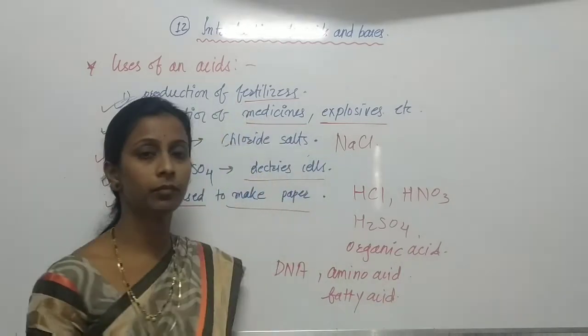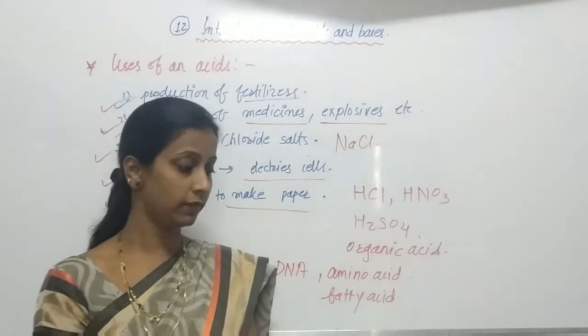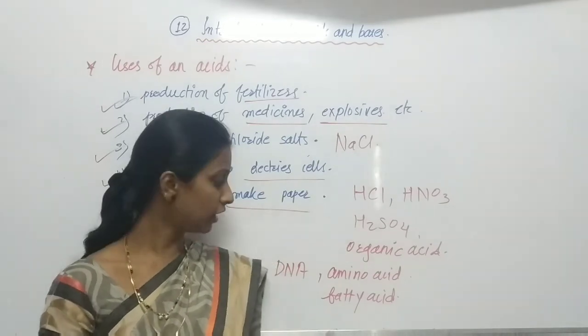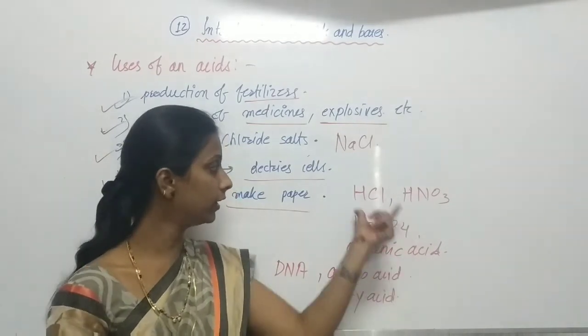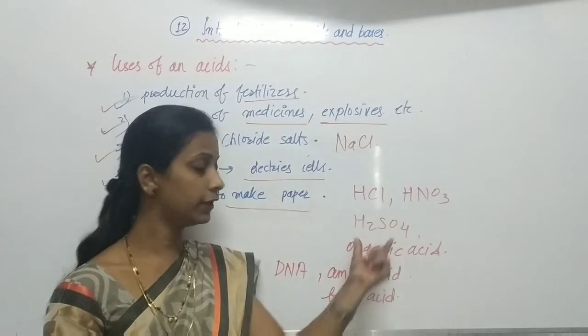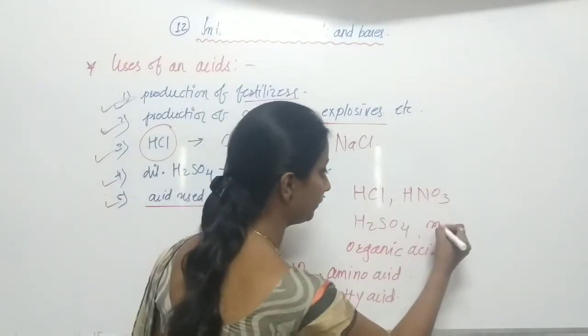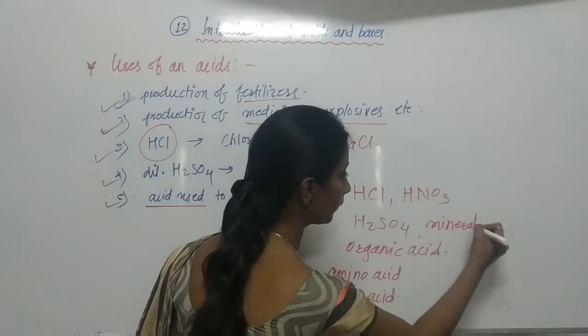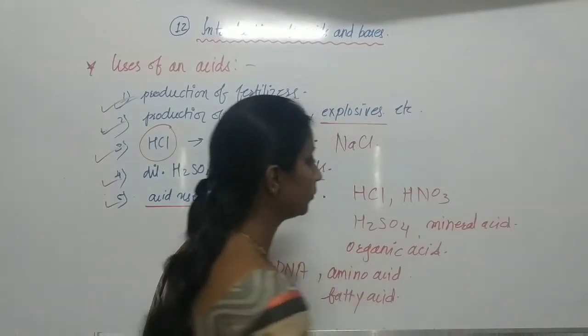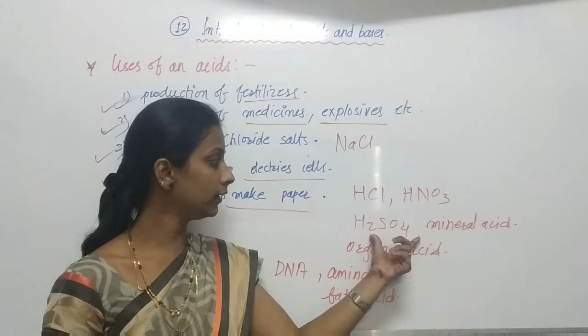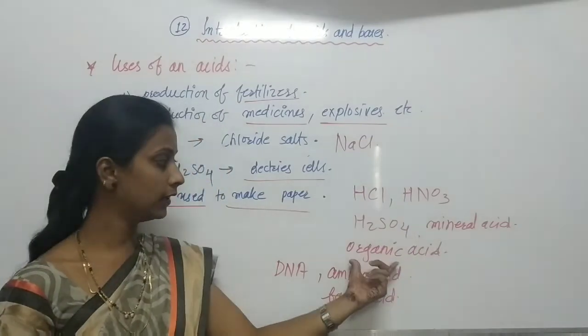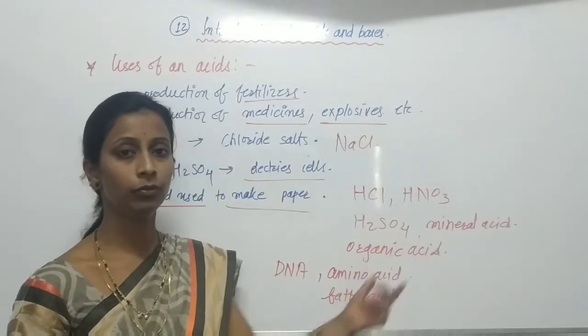And in foodstuffs, oxalic acid and citric acid, we have seen. This type of acids are organic acids, whereas HCl, HNO3 and H2SO4 are known as mineral acids. So we have to remember that mineral acids are harmful, whereas organic acids are not harmful to our body.